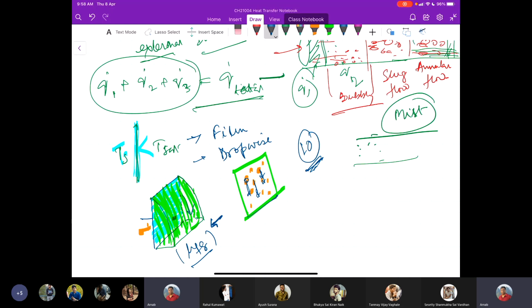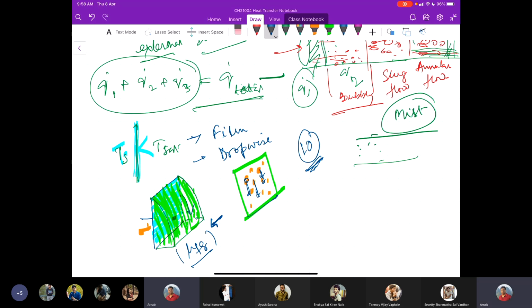Based on that categorization, you have several correlations available. Whether it's an inclined plate, a vertical plate, a tube, etc. And you use the appropriate correlation to address the desired design problem.